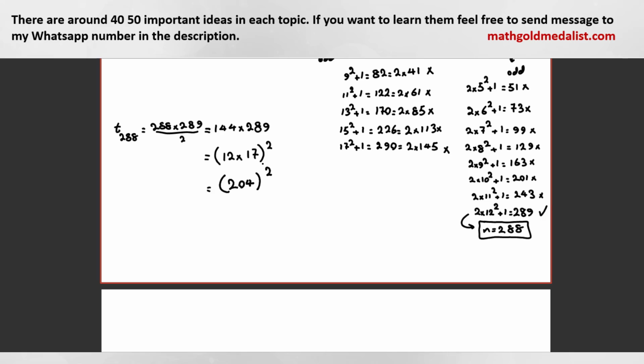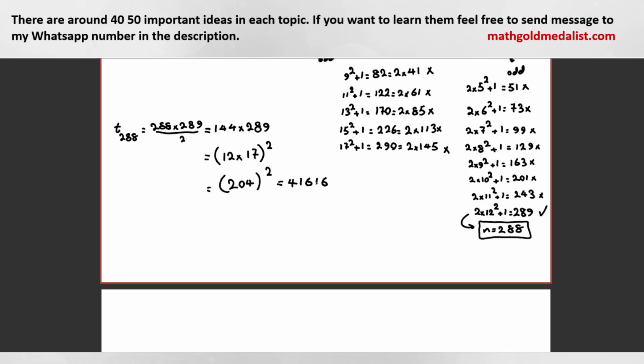This one squared is what then? It's 41616.